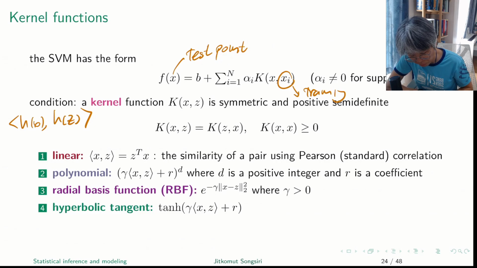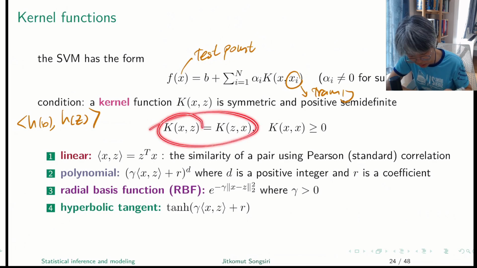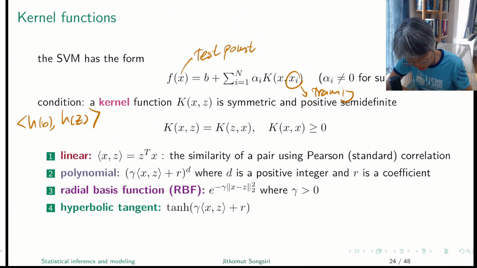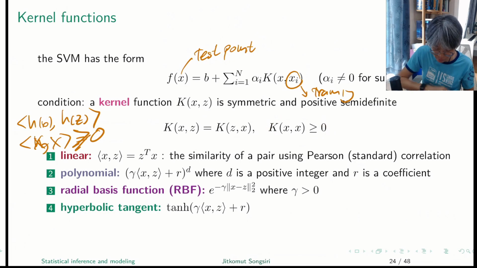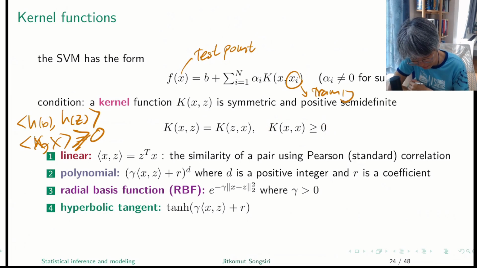The inner product has to be symmetric, so the kernel function also needs to be symmetric, which means if you swap the two input arguments, it should give you the same value. The inner product of x with itself is non-negative, so the kernel function also needs to satisfy non-negativity.